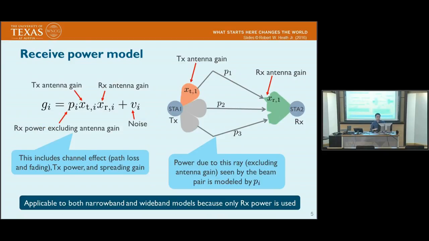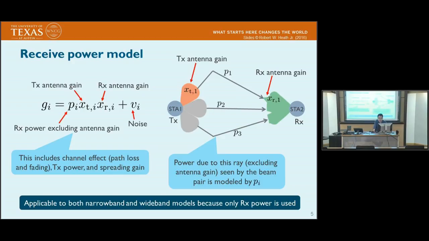So let's start with our model for this analysis. We assume this model here, where G_i is the received signal power, and P_i is the power of the path when we use a certain beam pair.